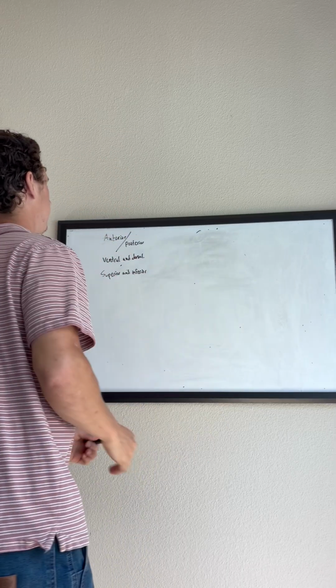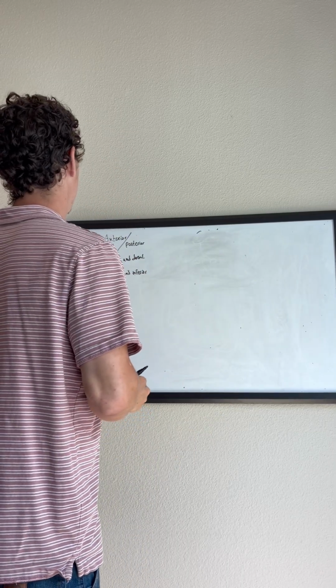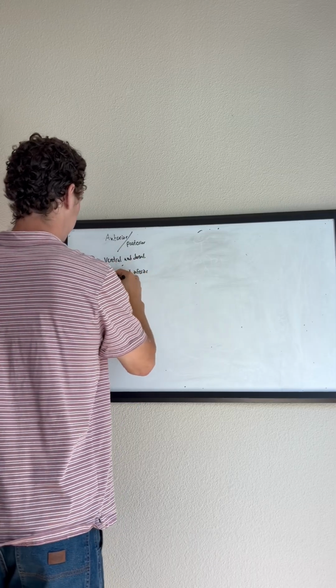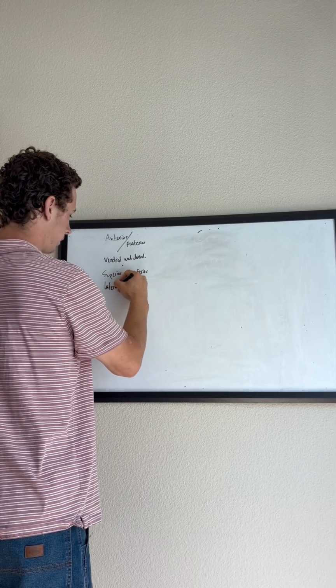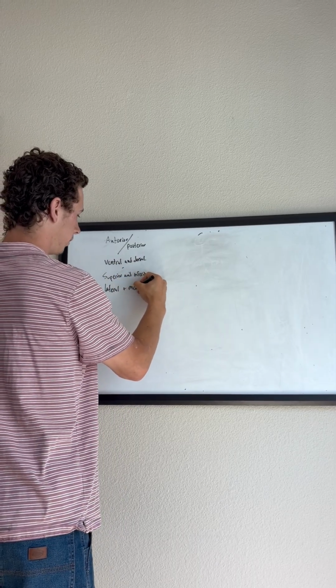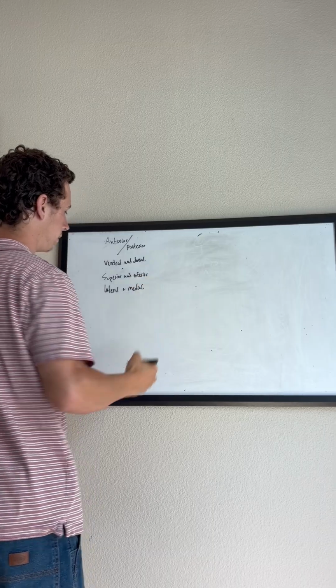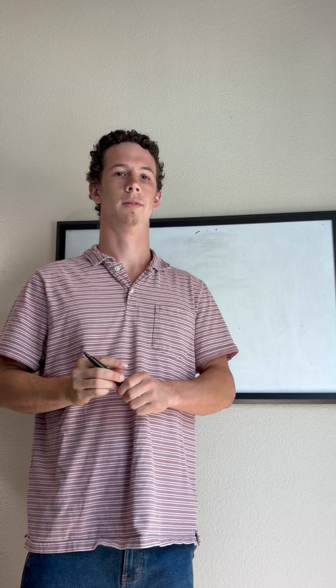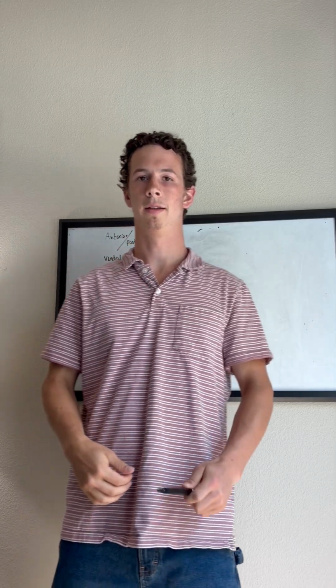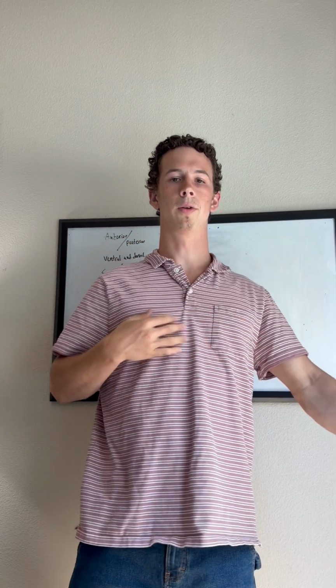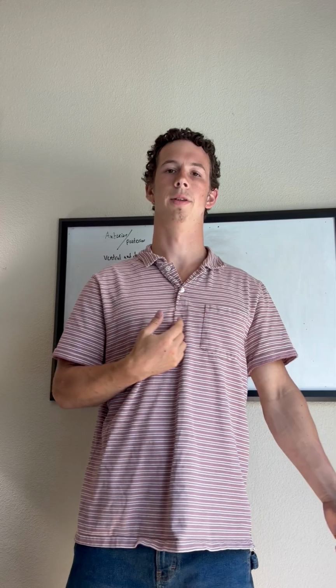Now, we're in lateral and medial. Okay. Lateral and medial. Already talked about this to the midline. Lateral is farther away from the midline, and medial is closer to the midline.